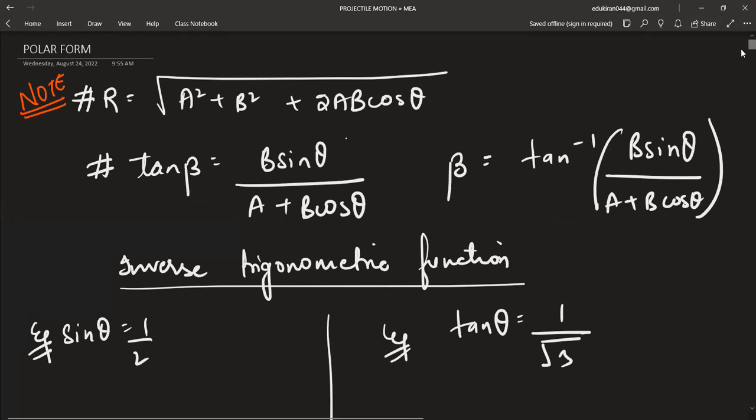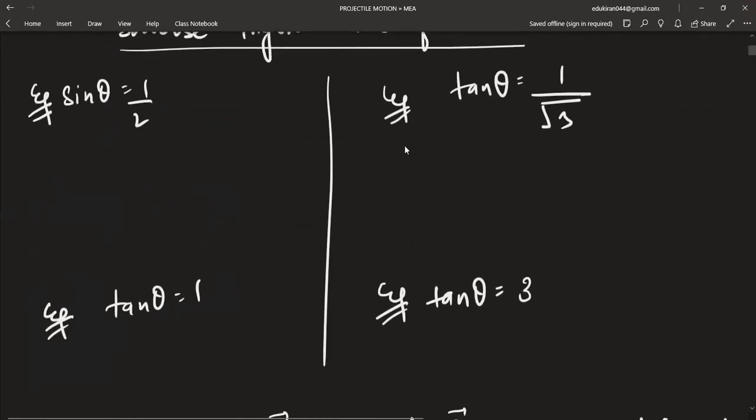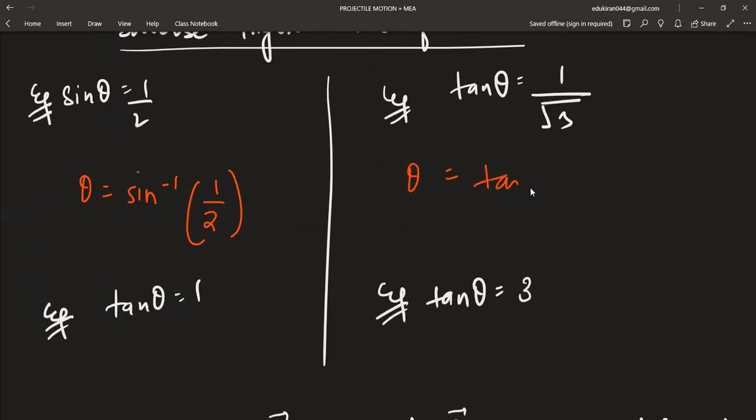See class, whenever you have some tan, sine or any angle value, we write it in the form of an inverse trigonometric function. Like if I want to find out theta and I know sine theta is half, so my theta will be sine inverse half. Like I have tan theta is equal to 1 by root 3, so my theta would be tan inverse 1 by root 3, like this.